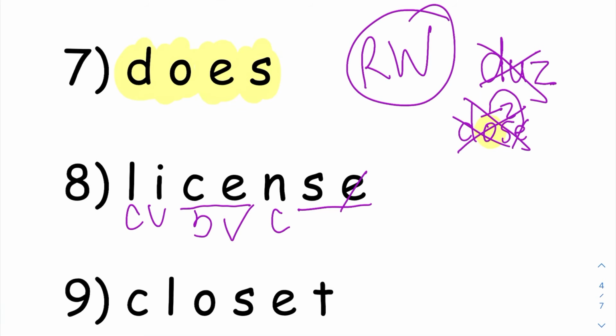Because I bet that's lie-sense. Two syllables, two vowel sounds, right? The open I sound, lie. My next syllable, sense. Altogether, license.